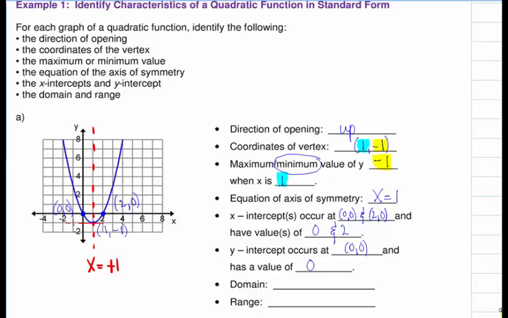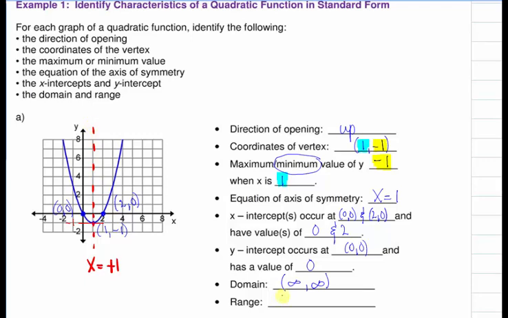So our domain, well, for all the parabolas that we're going to be taking a look at in this unit, our domain will be all real numbers, okay, and so we can write that using interval notation. So we go from negative infinity to infinity. Okay, and your range, well, if you have a minimum value of -1, that means that all of your y values will be greater than or equal to -1.